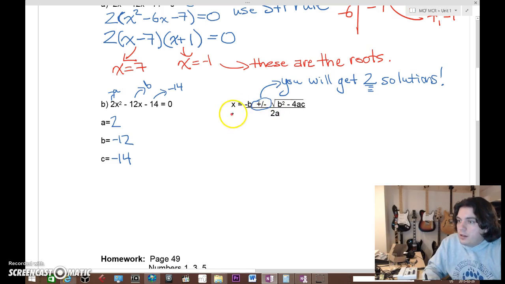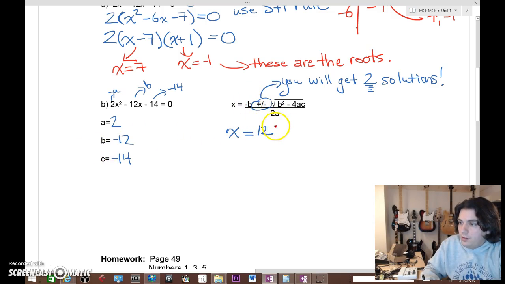With that in mind, we can plug these numbers right into this equation and it will solve it for us quickly. We will get our x value will equal negative b, which is negative 12. Now, the negative of negative 12 is just positive 12. 2 negatives makes a positive.